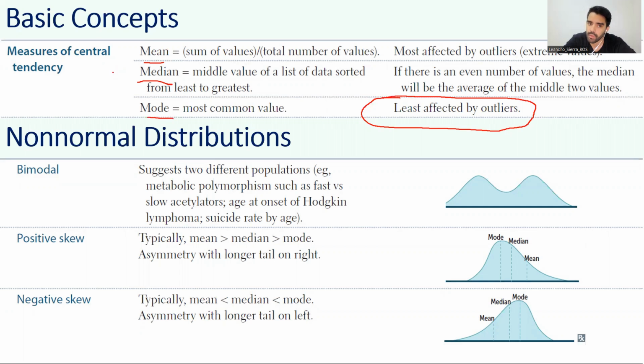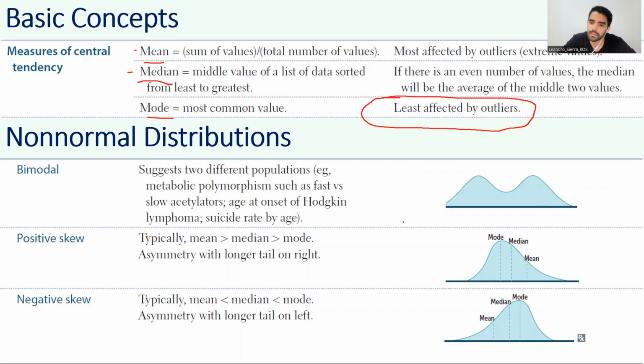So if we talk about statistics, we mostly use two, the median and the mean. We do not use the mode very commonly, but the least affected one by outliers is the mode actually.